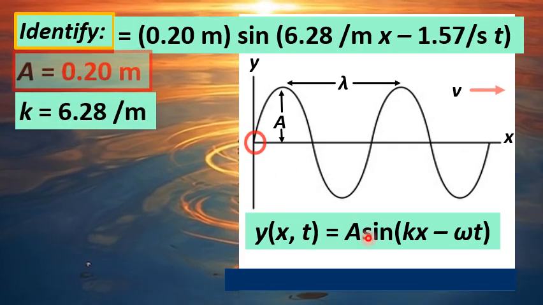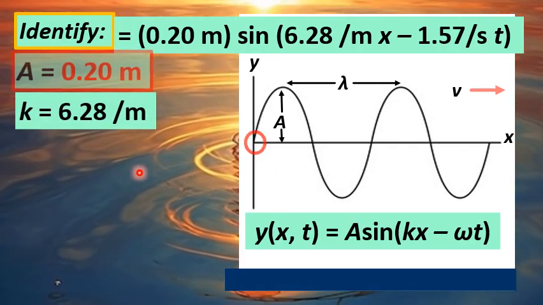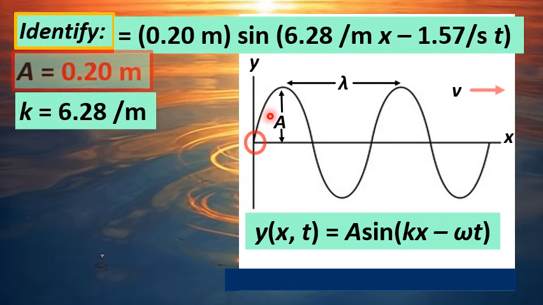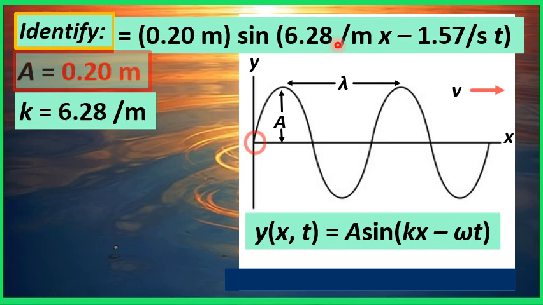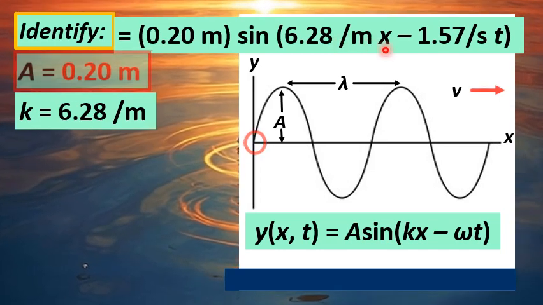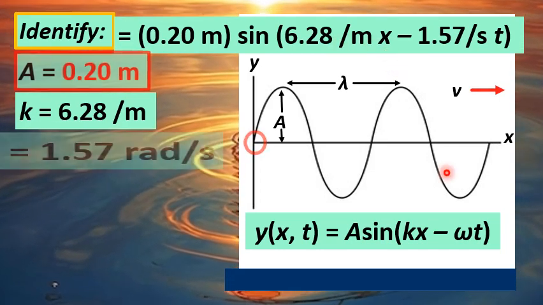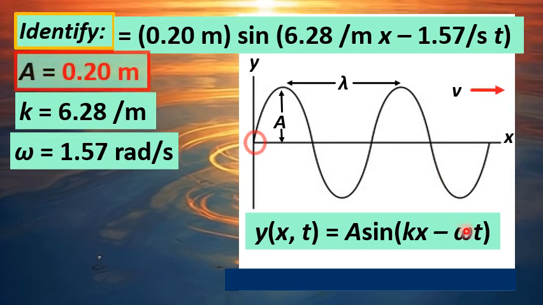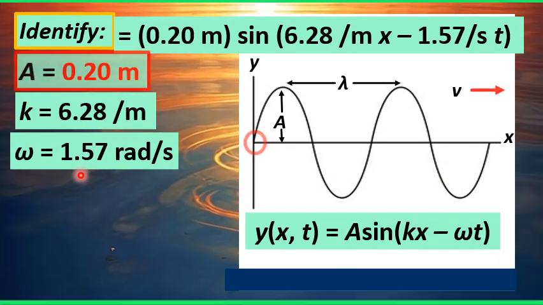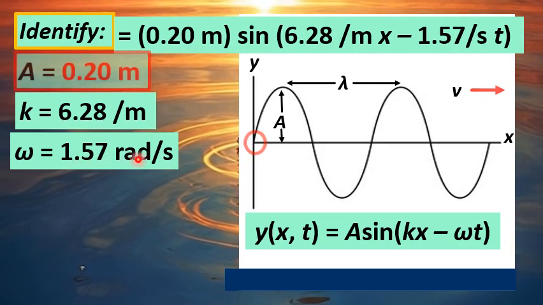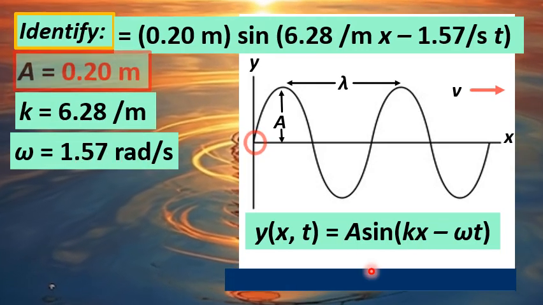And the wave number k is equal to 6.28 per meter, while the angular frequency omega is equal to 1.57 radian per second.